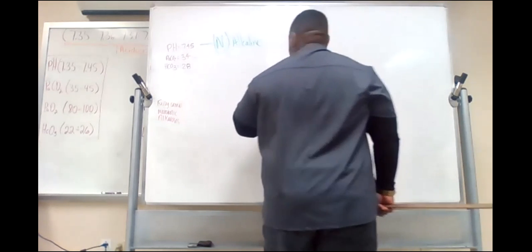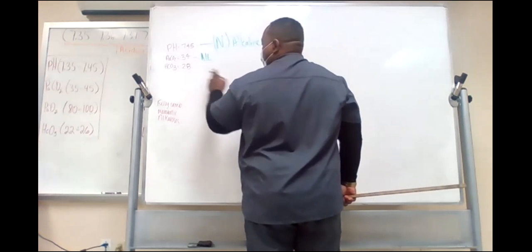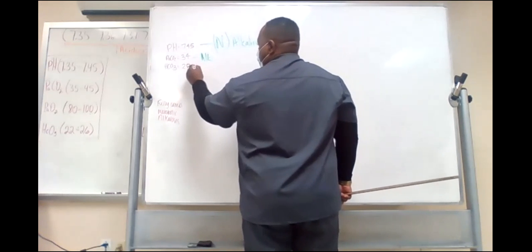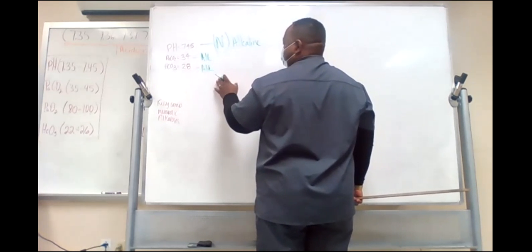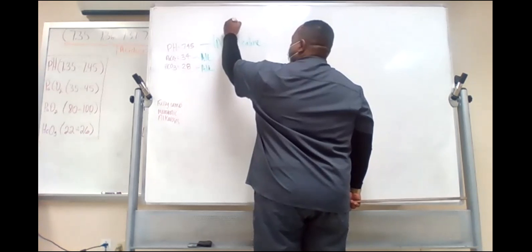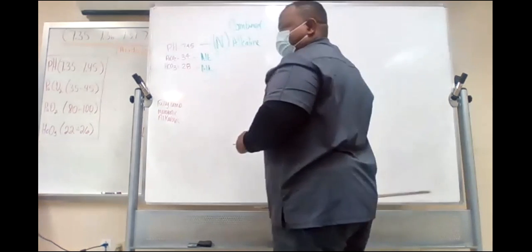Alkaline, 34. Good. So it's a little alkaline, right? What is bicarb doing? Alkaline. So what is this going to be? Combined. This would be a combined alkalosis.